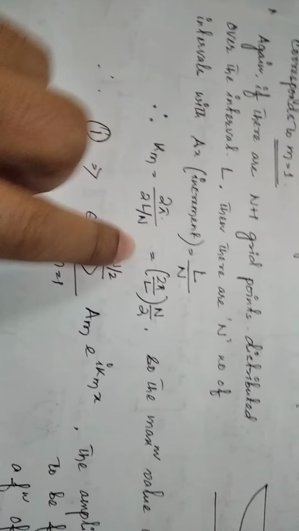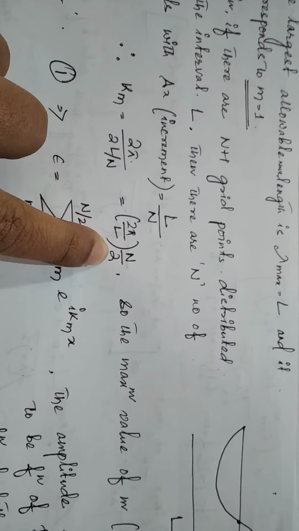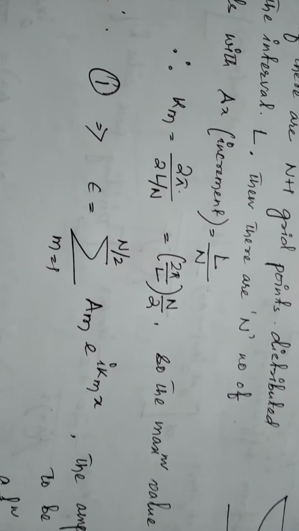So how many waves are there? The number of waves is n by 2. So if there are 2 points, it gives 1 wave.